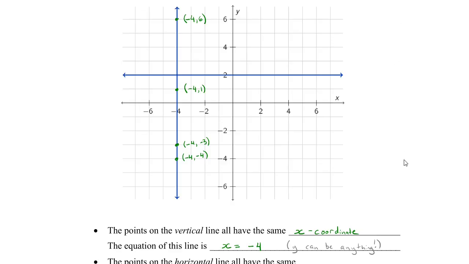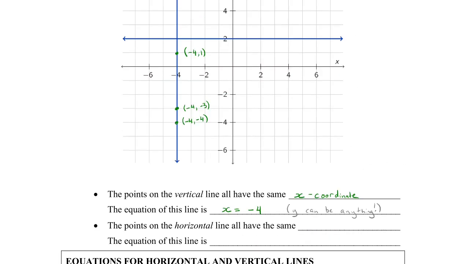On the other hand, let's look at the horizontal line next. So again, I'm just going to pick out some points. So this is the point 4, 2. And then just right over here, maybe this is 5, 2. Here's 1, 2. Here's -2, 2.